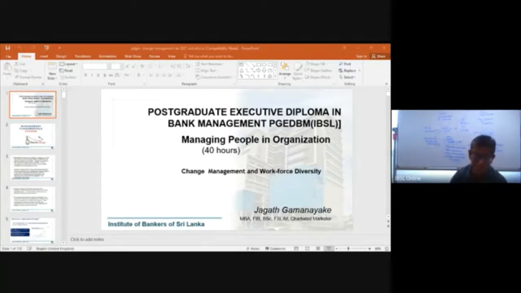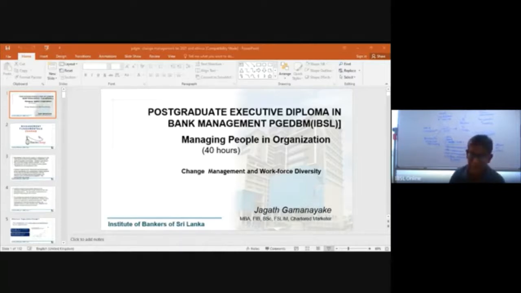What are the 2 types? We identified them as rational resistance and emotional resistance in a very broad sense, right? Rational resistance occurs when people are not aware of the change, due to lack of communication. The other one, emotional resistance, may be due to fear and risk.